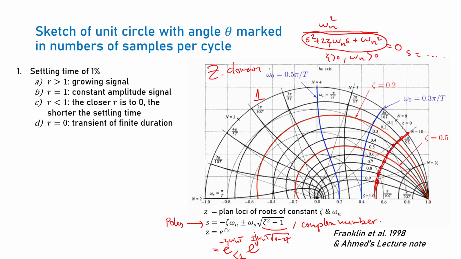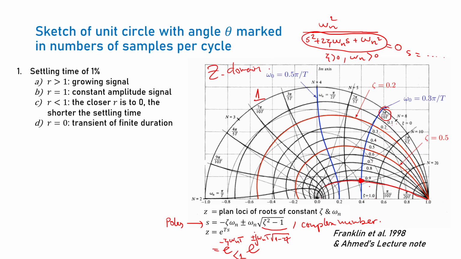And if you choose constant zeta, let's say zeta equals 0.9, then you have this curve, zeta equals 0.9, and then if you choose omega n equal to 3 pi over 10T, then you get this point.